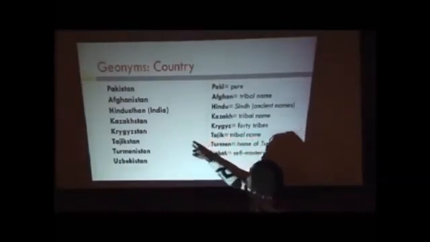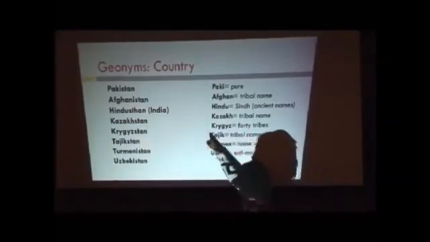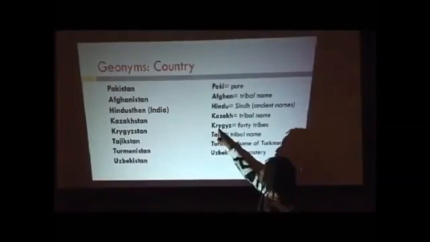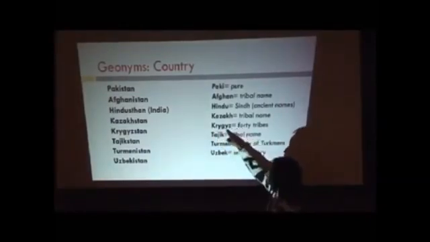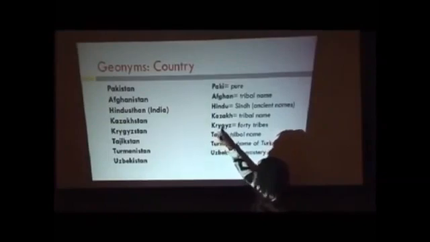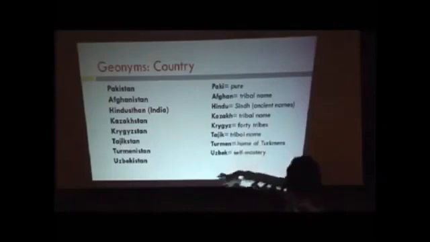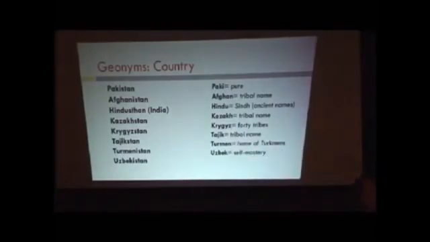When you break down this word, the K-R-Y-G refers to tribes. The YZ part refers to 40. So it's the land of 40 tribes. You can see the rest up here. Point being that these are more closely linked to the indigenous name because these are the tribes that were prevalent in that particular area.